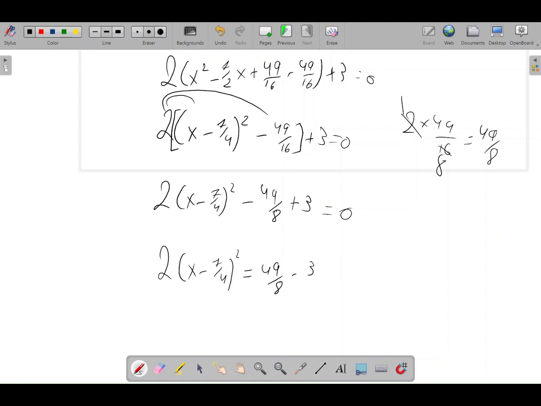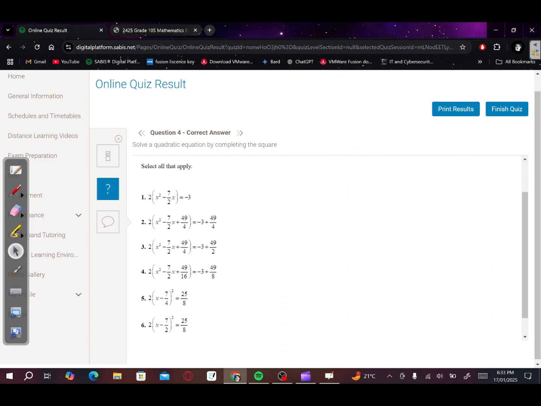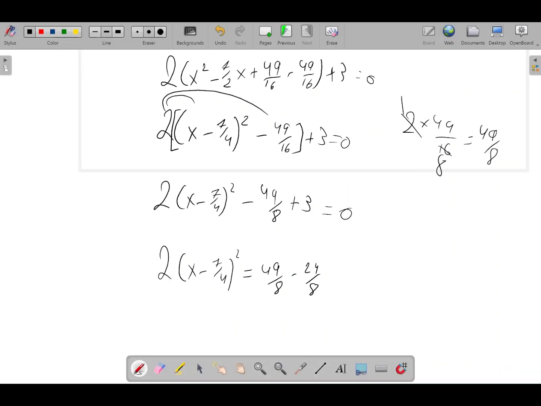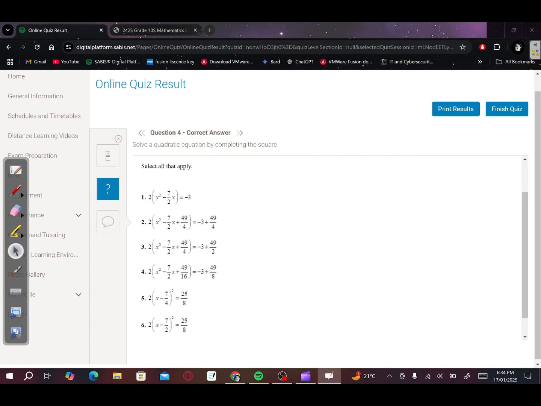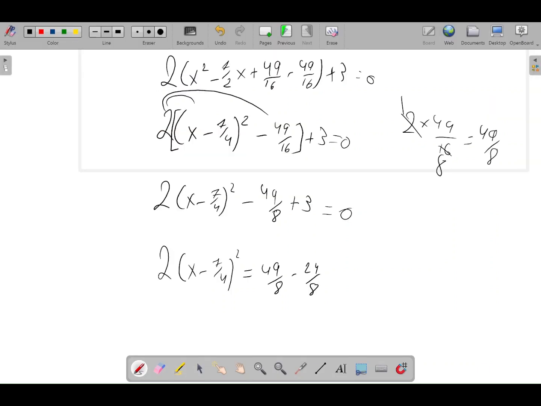Okay. We're going to need to get the 3 into a multiple of 8. So, we're going to do 3 times 24 over 8. Okay. Let me just check if we're on the row they want. Yeah, okay, we are on the row they want. Perfect. So it's negative 3 plus 49 over 8. Is that an option? Negative 3 plus 49 over 8. So yeah, we're on the right track so far. Perfect. Okay.